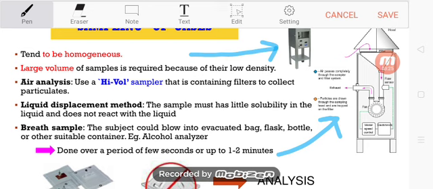After a specified time, the filter in the high volume sampler will be removed and taken to the laboratory for further analysis. The second one is the liquid displacement method, where the sample gas has little solubility in the liquid and does not react with the liquid itself.